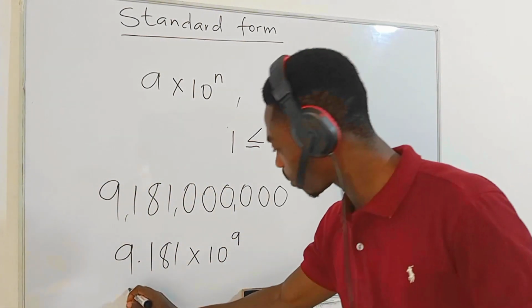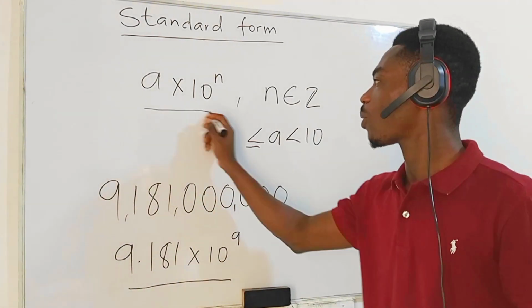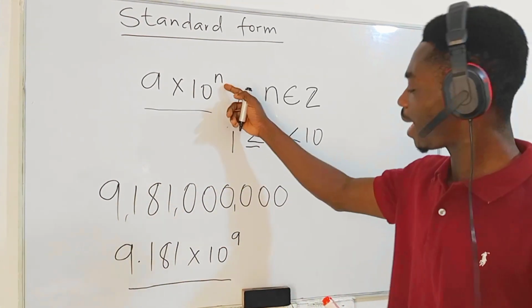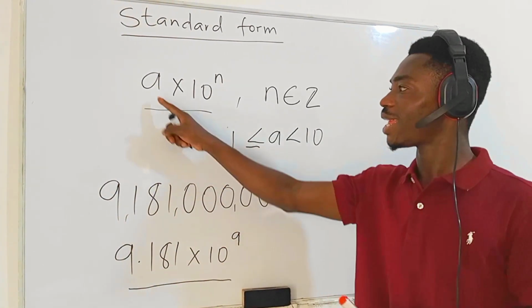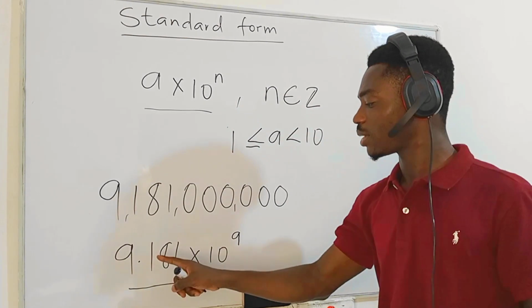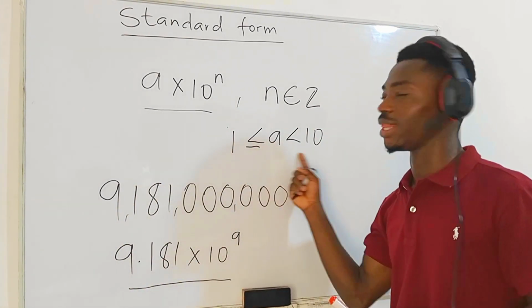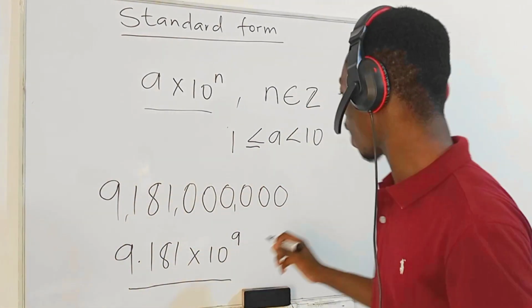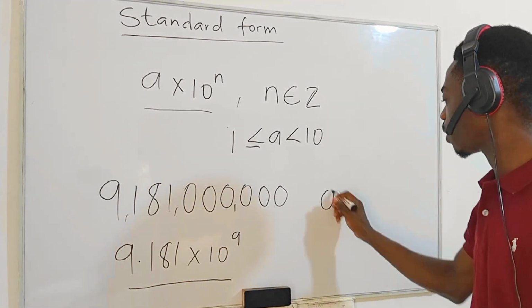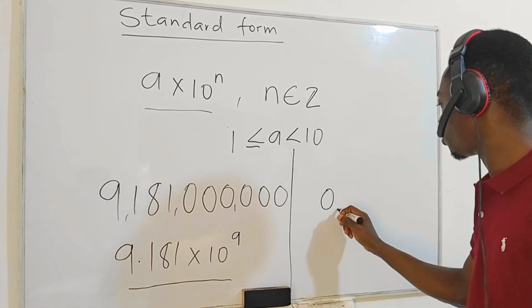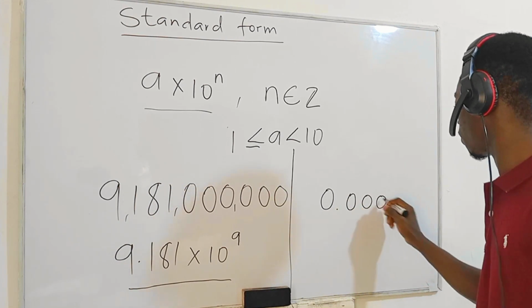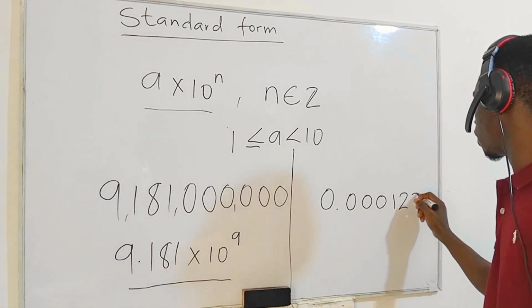Now, if we compare the whole of this to this form, we can clearly see that our n is the 9 right here. Then a is 9.181, which is in this range. We can also have a very small number. Let's say we have 0.000123.